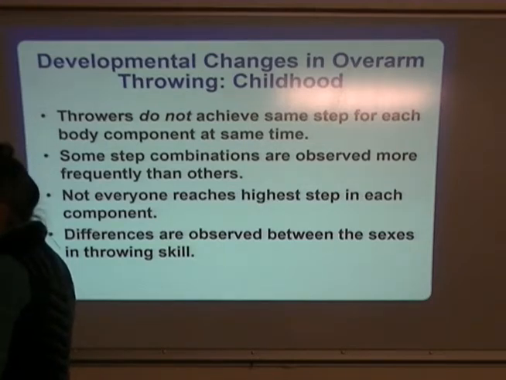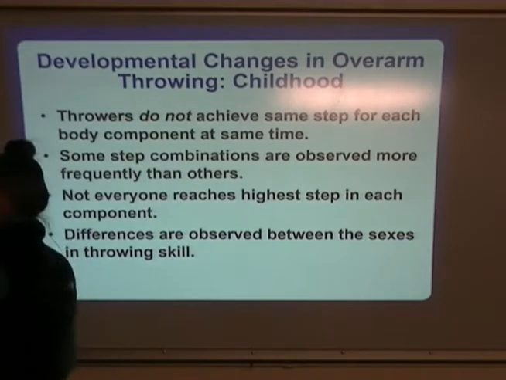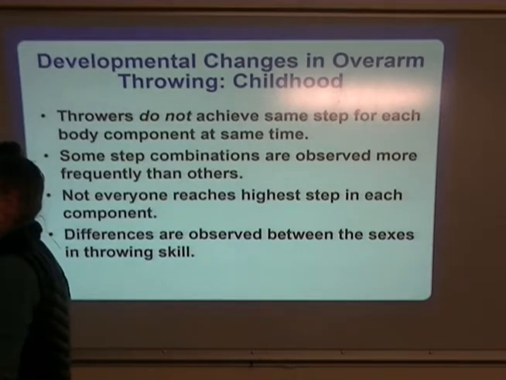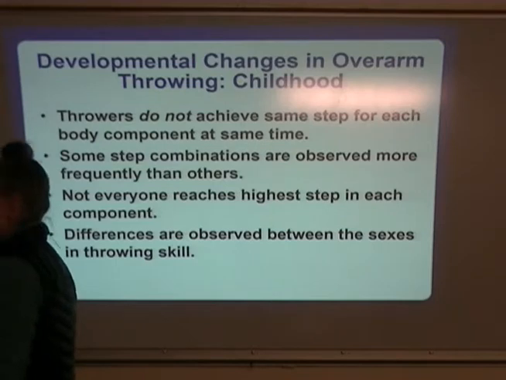Okay. Quite a few studies and research papers are going to suggest that boys are more advanced than girls on most of those components that we were looking at. It's difficult, as I said, because girls don't get a lot of modelling.